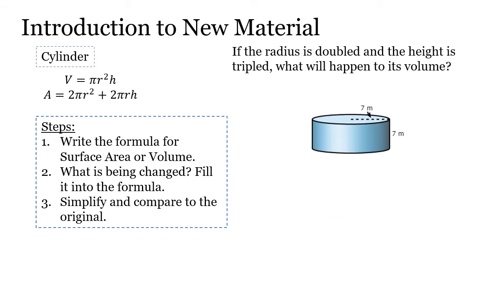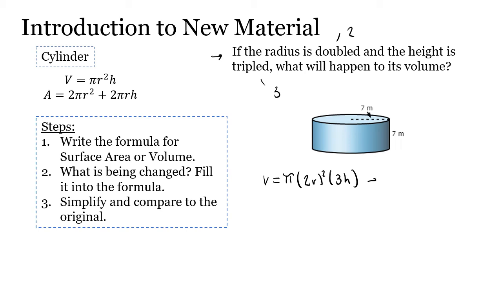Let's try a cylinder. Same process, but with different formulas. Here's a question. If the radius is doubled and the height is tripled, what will happen to its volume? So let's write the formula we're interested in. Instead of r, I'm going to write 2r, because it's 2 times bigger, and the height is tripled, that's 3 times bigger, so instead of h, I'm going to write 3h.